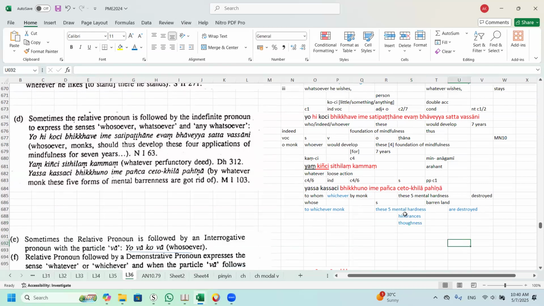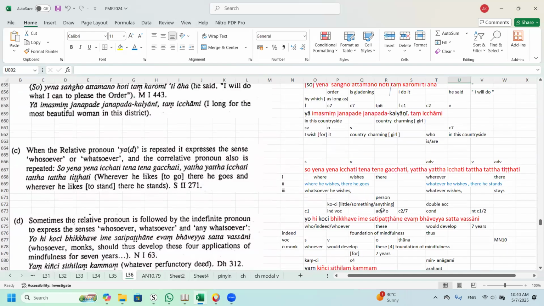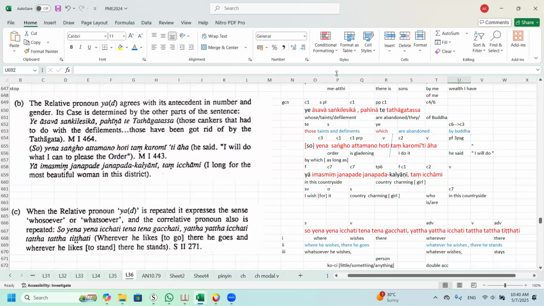So for this word it should be something like that. That means technically we should refer to five hindrances. If you're not sure, then you read the next line. It could be also, but what I think it should be is this one. Kilesa. It can be kilesa, because this is Āsava and Kilesa.